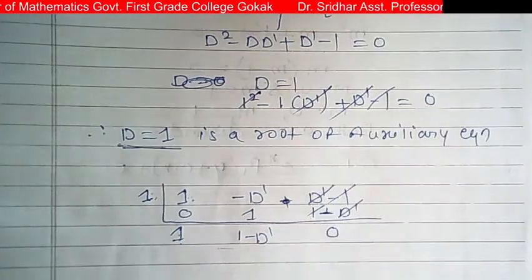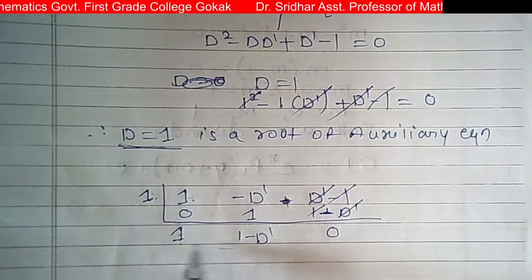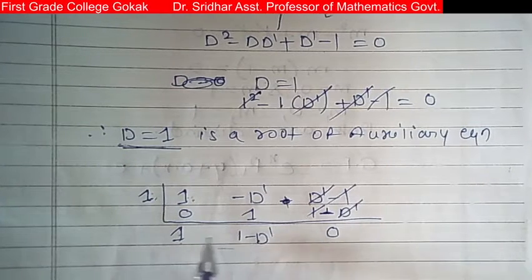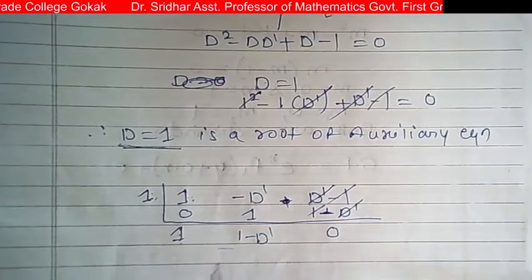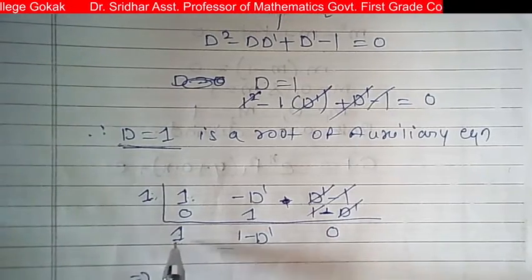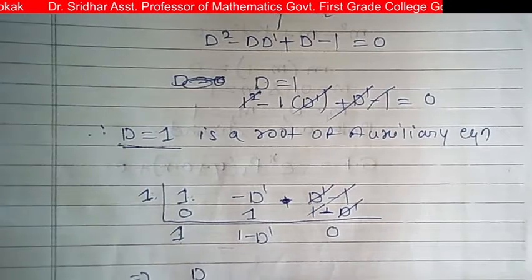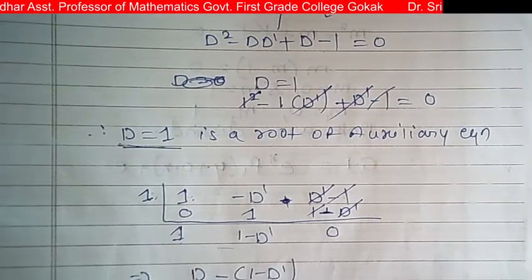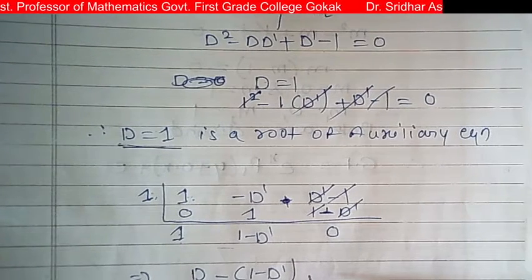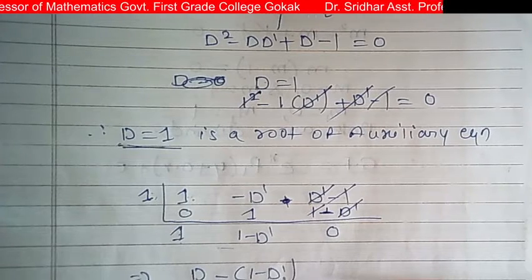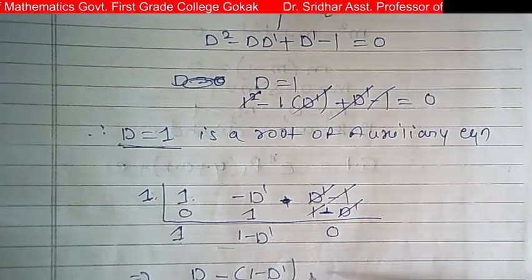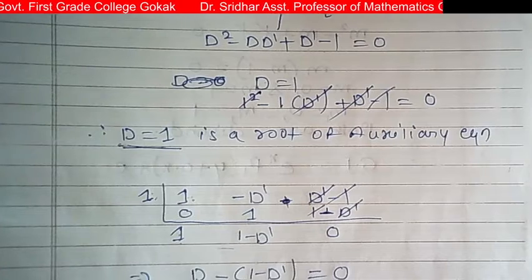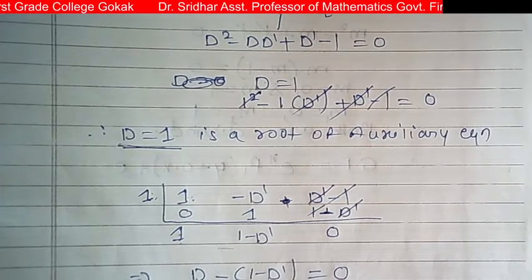Okay, so now these are the coefficients of a single degree equation. So that is, which implies this is d, then minus 1 minus d dash, d into minus 1 minus d dash is equal to 0.